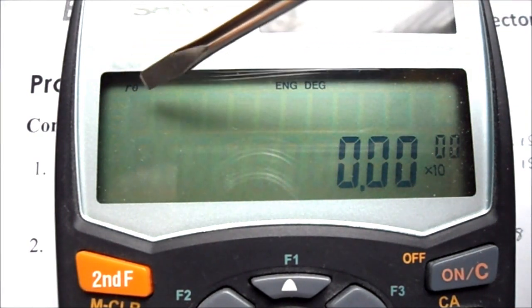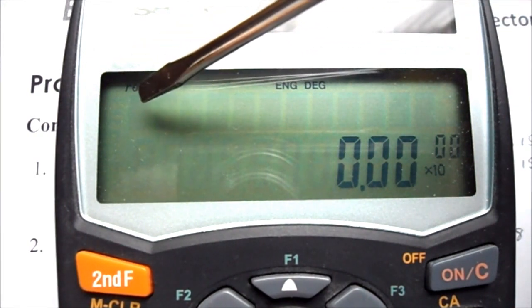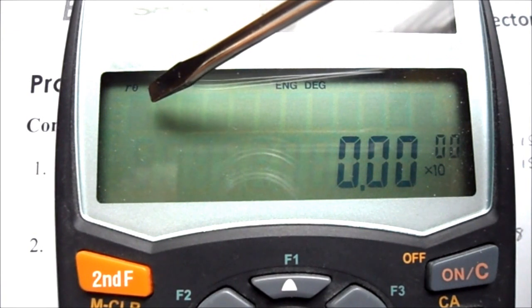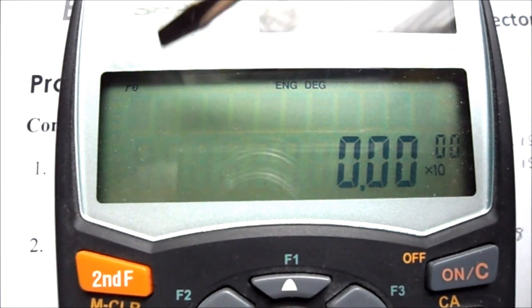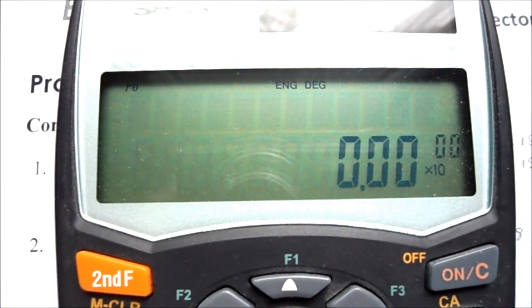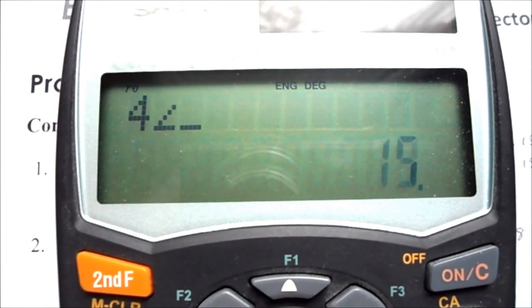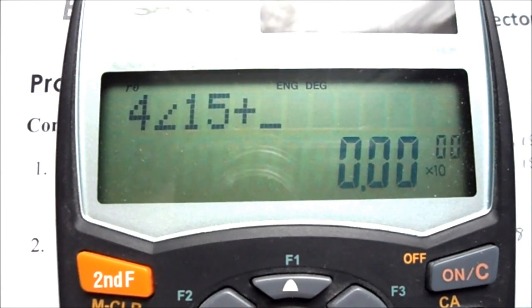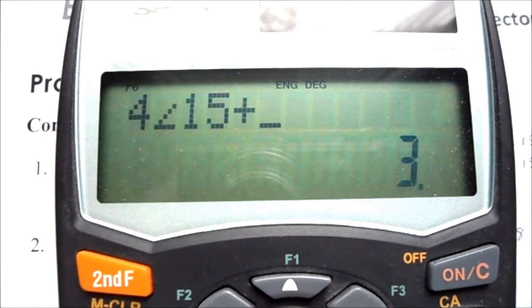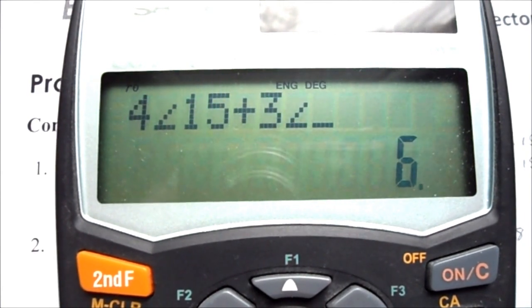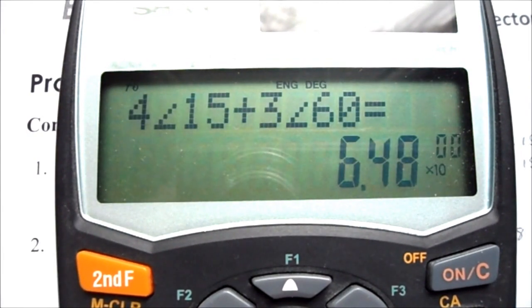So with your calculator in the polar form, and you can see I've got r theta in the top left hand corner, I'm going to type in 4 angle 15 plus 3 angle 60, and then press equal, and you can see I've got 6.48.